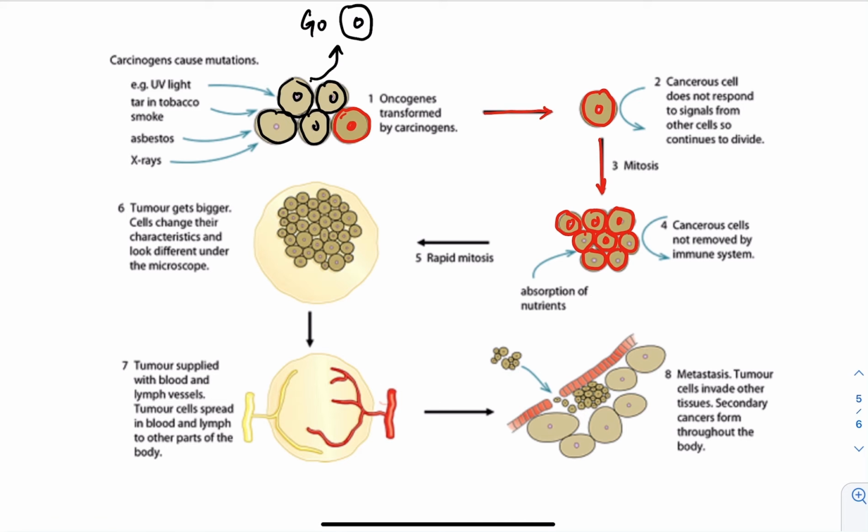To prevent the proliferation or the division of the cells that have damaged or mutated DNA, there are immune cells or immune responses in our body that remove these mutated cells by the T lymphocytes.